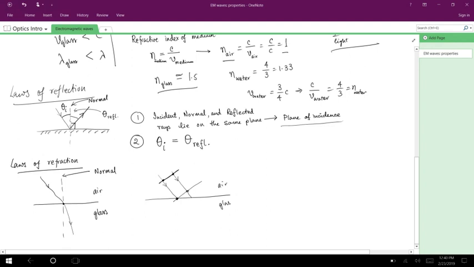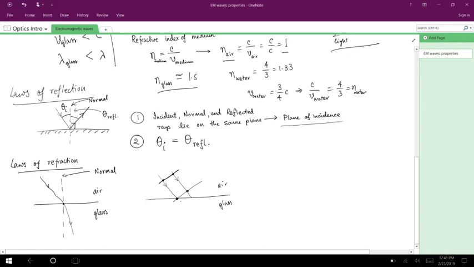As soon as this hits the glass and starts moving inside the glass, the refracted part starts moving in such a way that the other beam still does not know that there's glass in front of it. So this beam still keeps going with the same speed, while the speed of this beam has changed.